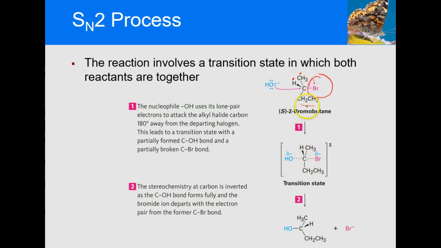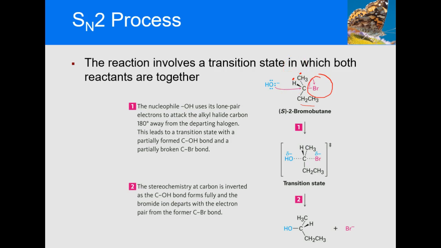So you can kind of see how these groups are facing left, and now they're in the plane as the OH is coming, and then as the OH starts bonding and the bromine leaves, notice how it's flipped the opposite way. It's kind of like an umbrella. I think of it as an umbrella effect. Imagine you have an umbrella and you're in a storm and it's windy outside, and what happens?